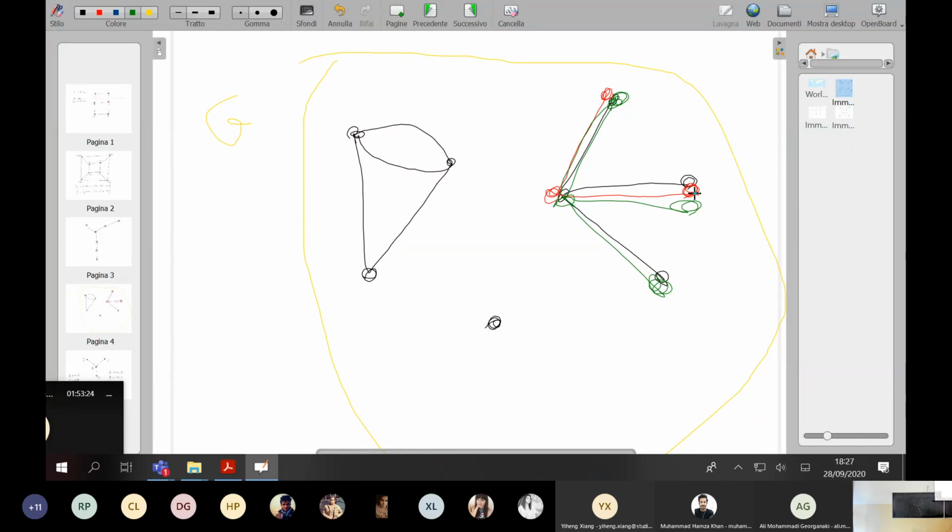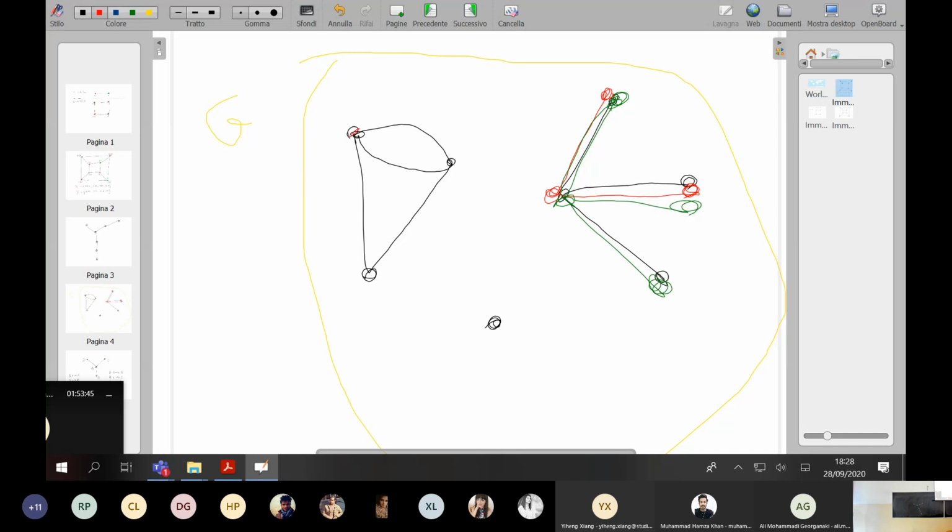Why? Because there is another connected subgraph of G containing it properly. The green one is a component. Why? Because it is a connected subgraph of G, and there is no connected subgraph of G containing it.